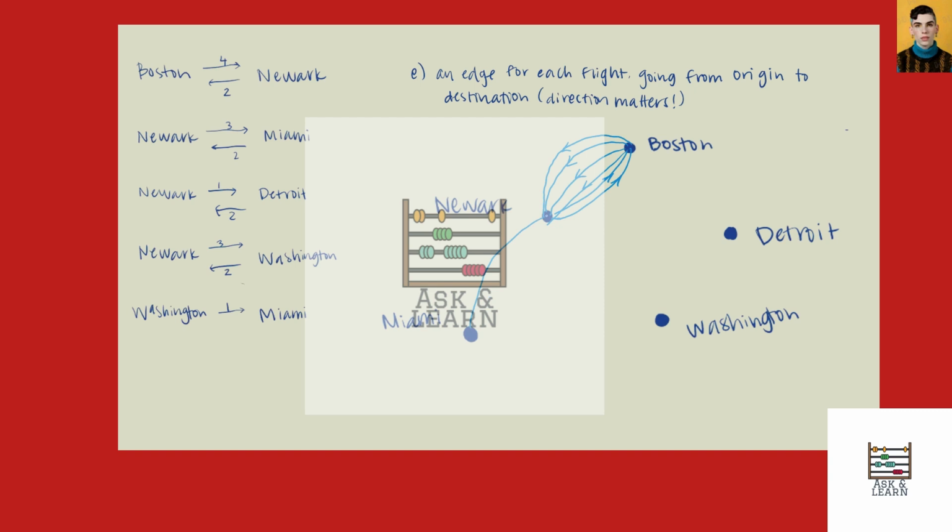Between Newark and Miami, we'll have 5 total. 3 are going from Newark to Miami. 2 are going from Miami to Newark. Go back just a second and fill these in. And this is the way we're going to proceed. So Newark to Detroit has one. Detroit to Newark has two.